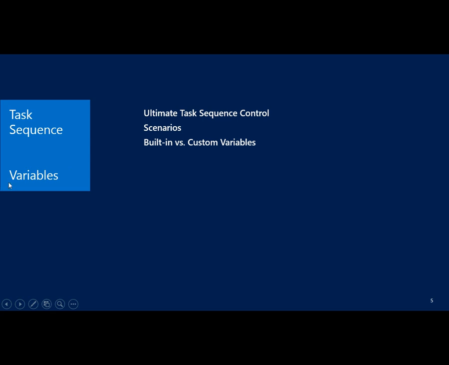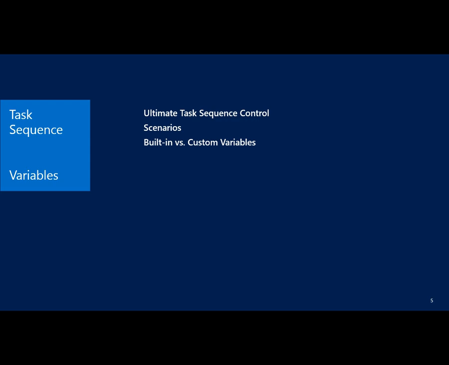So these controls, looking at the registry, looking at WMI, looking at the file system, are all great in certain conditions. But there are conditions where maybe you won't have something in the registry or file system or wherever that you can query, yet you want to control the flow of the task sequence. So variables really come into play, and variables are incredibly powerful in task sequencing to help you get to the end result, right? I call them the ultimate task sequence control.